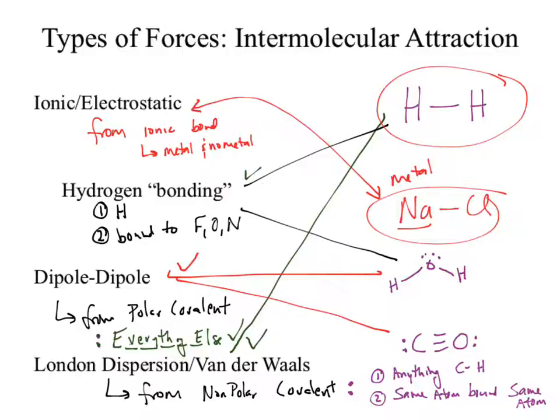How about water? Yes. Do I have a hydrogen bound to oxygen? Yes. That connection is true. What about hydrogen bound to hydrogen? That connection is false. I need to have the hydrogen bound to oxygen, nitrogen, or fluorine. Hydrogen bound to hydrogen is not fluorine, oxygen, or nitrogen.